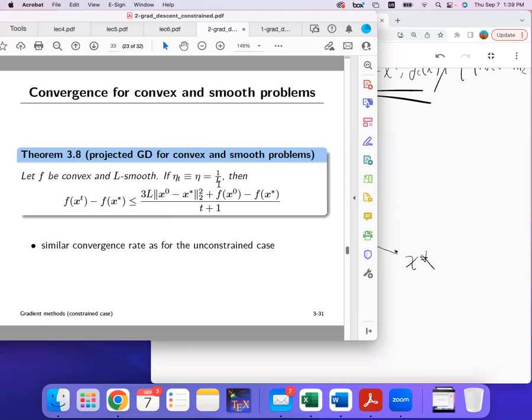This is like something 1/t. The numerators are all constants. So this is similar to gradient descent applied to convex and smooth problems. Right, so it's similar to the unconstrained case.